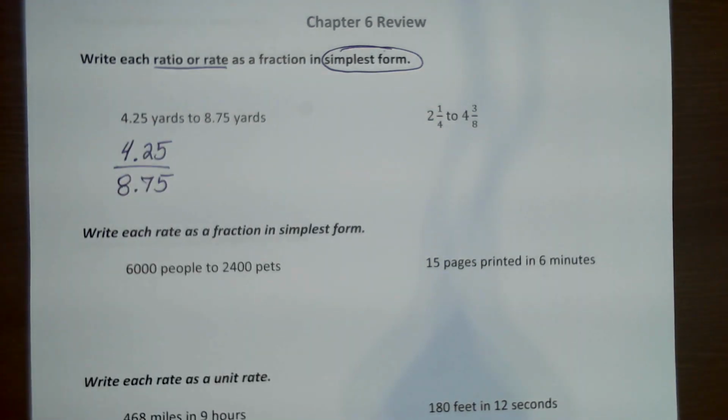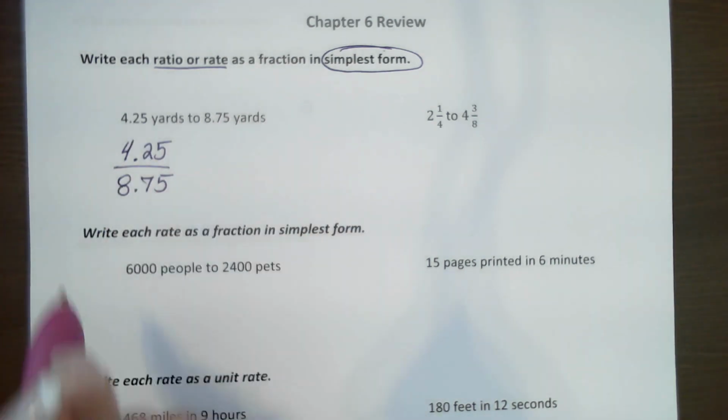But we're not done because first of all, I see that I have decimals within my ratio and it's not in its simplest form. When we have decimals within a ratio, we have to remove the decimal. We have to move it out of the problem. And in doing so, we have to make sure we keep the ratio equivalent to the original problem.